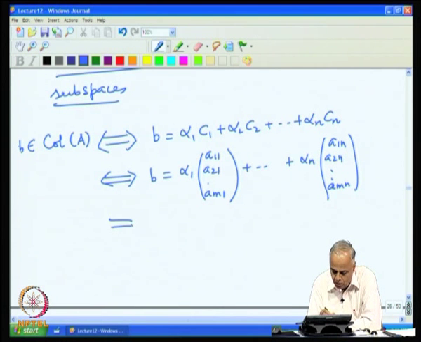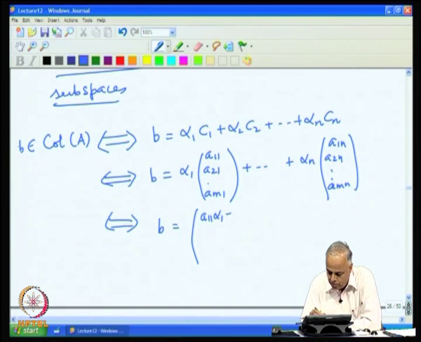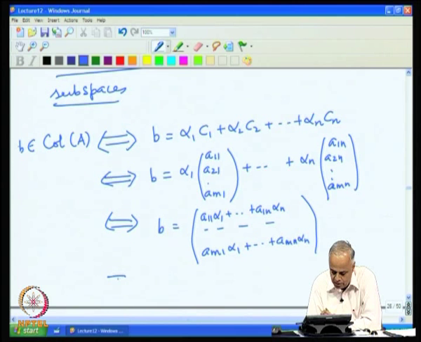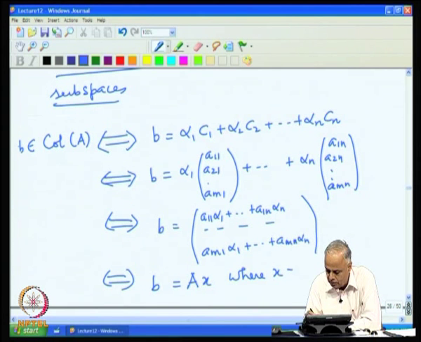If you now write this, B is equal to a11 alpha 1 plus etcetera a1 n alpha n, and so on, am1 alpha 1 plus amn alpha n, which is the same as saying B is equal to Ax, where x is equal to alpha 1 to alpha n.